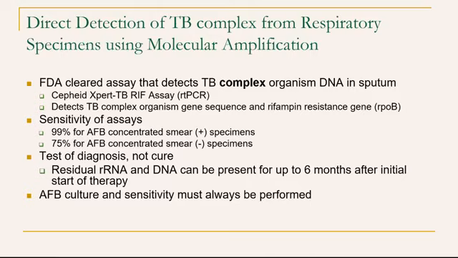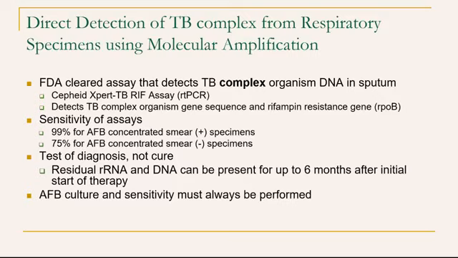It is the Cepheid Xpert MTB/RIF assay, or the RT-PCR. It can detect TB complex organism gene sequence and rifampin resistance gene. So you not only can detect the presence of the organism in the patient's respiratory specimen, but also if it's possibly resistant to rifampin. These assays are quite sensitive.